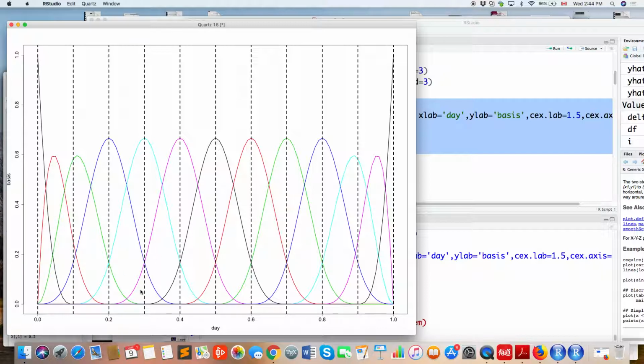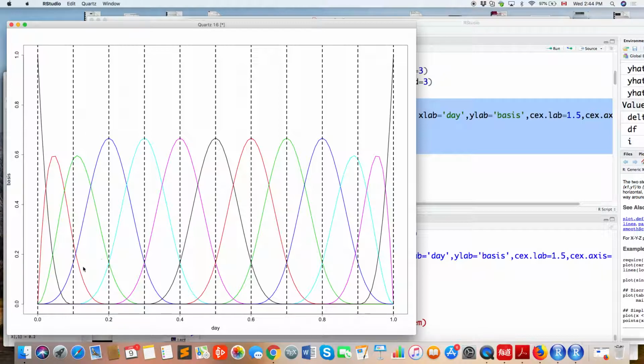For the middle part, all these basis functions look very similar, just a horizontal shift. It's a bell curve, and it's only non-zero over 4 segments. And this dashed line indicates the location of the nodes.